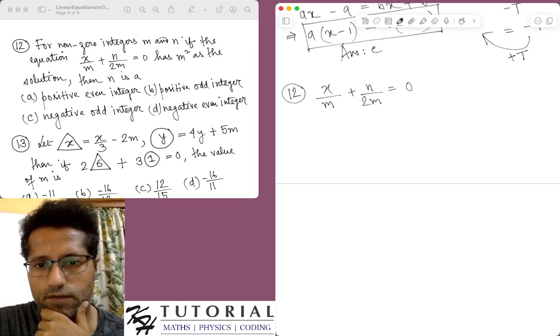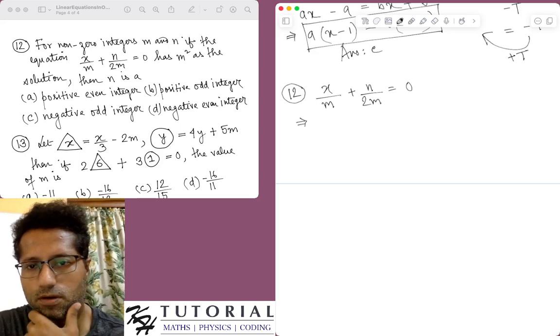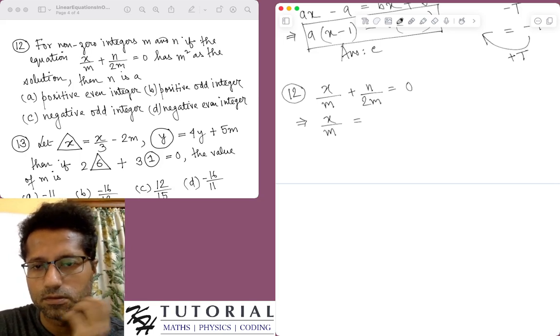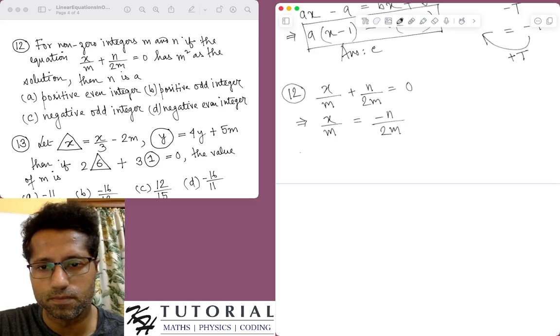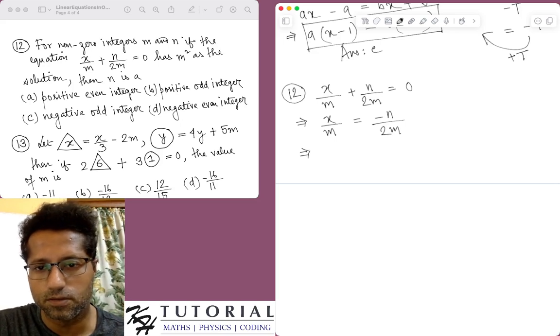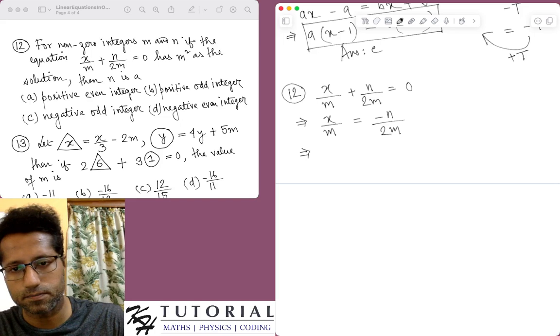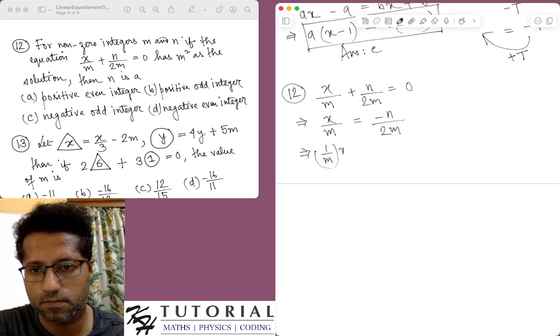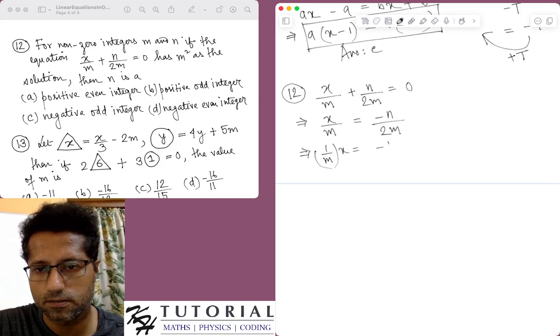Now if we solve the equation ourselves, we keep the variable terms, that is x by m, on the left hand side, and we bring the constant terms to the right hand side. We get minus n by twice m. Now if we solve it, this is 1 by m into x equals minus n by twice m.